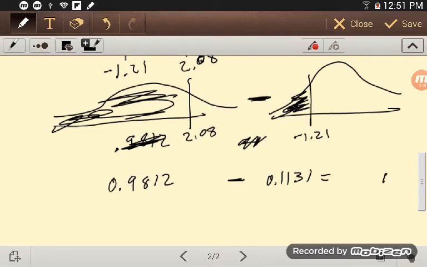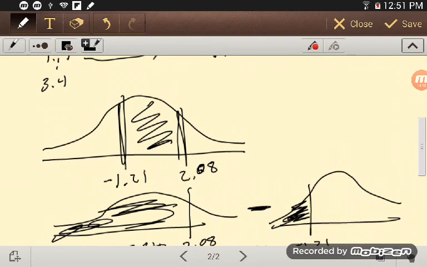I get a 1 there, an 8, and then 7 minus 1 is 6, and 9 minus 1 is 8. So I think you get 0.8681. Okay, so we can still use the table even if we need to find proportions of the population in there.